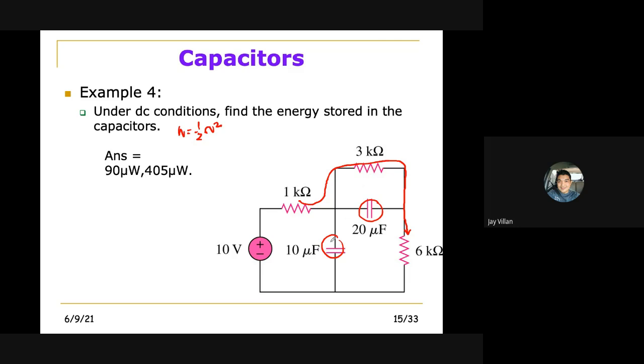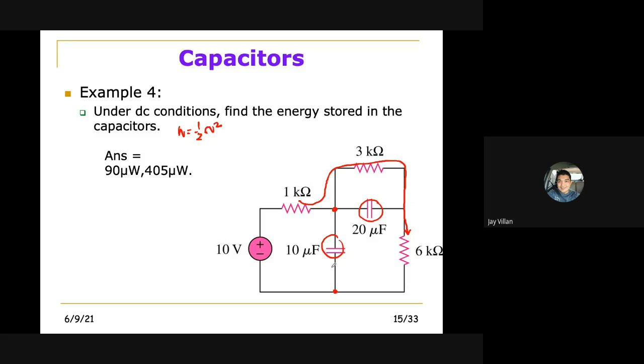And for the 10 microfarad capacitor, since its terminals are across the series combination of 3 kilo ohms and 6 kilo ohms, the voltages are additive when connected in series, so that would also be the voltage across your 10 microfarad capacitor.